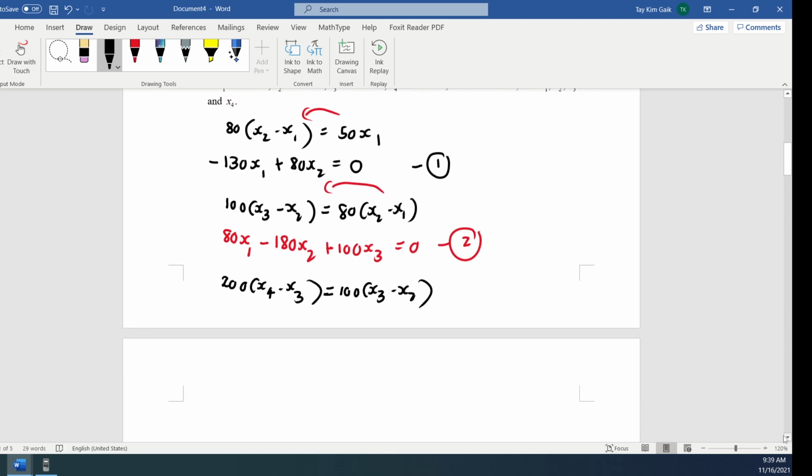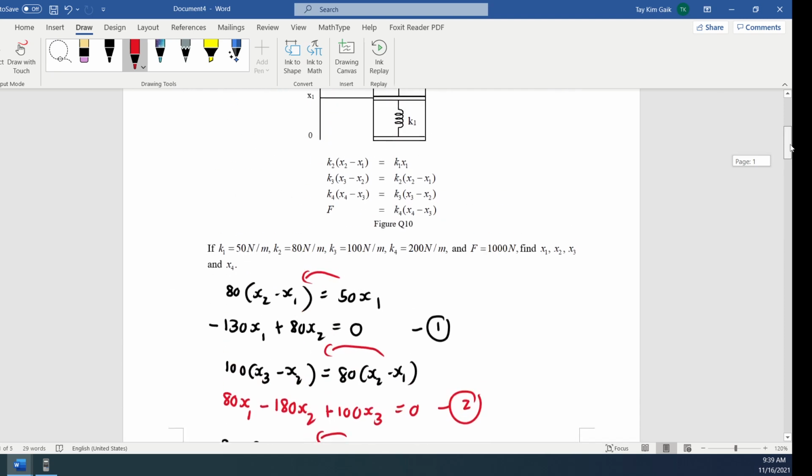Collect the x2: minus 100 brought to the left hand side becomes positive 100 x2. And x3: minus 200 minus 100, so minus 300 x3, and then plus 200 x4 equal to 0.